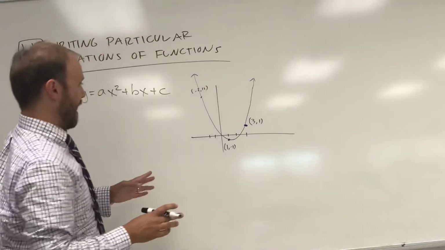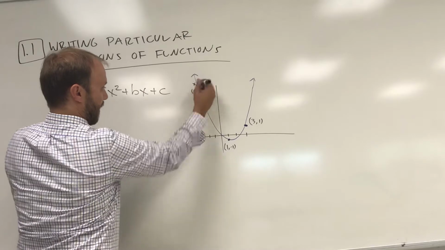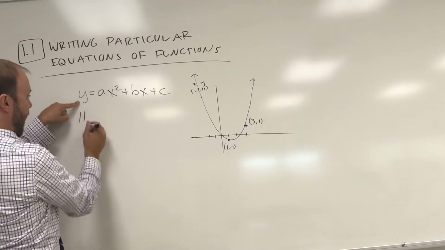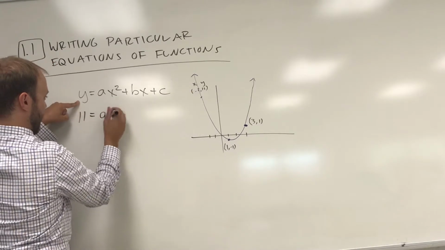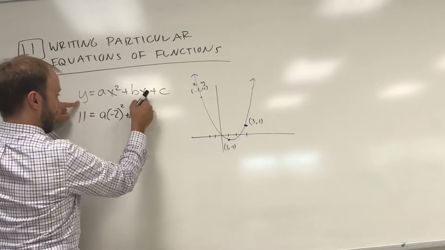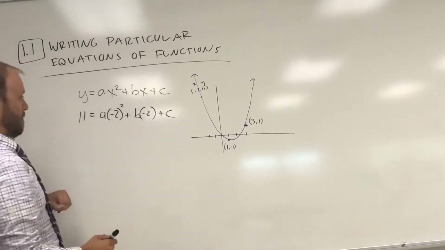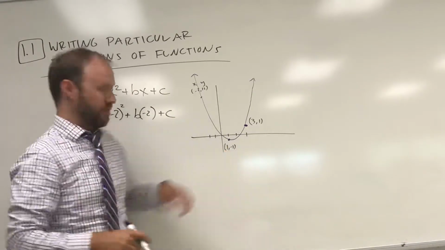So all that's going to happen here is, when I put in -2 for x, I want to get back an 11 for y. So that would be a times (-2) squared plus b times -2 plus c. When I put in 1 for x, I want to get back a -1 for y.